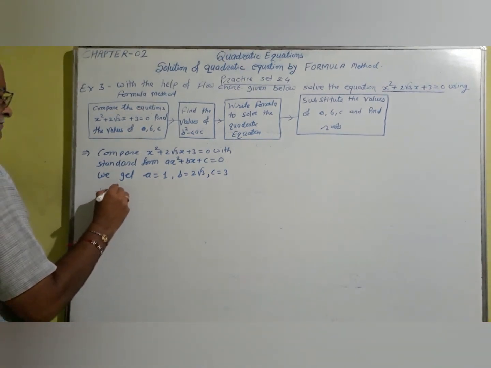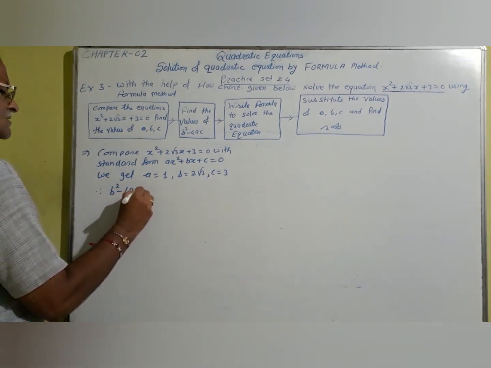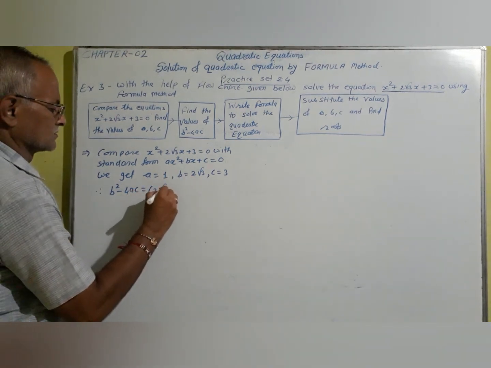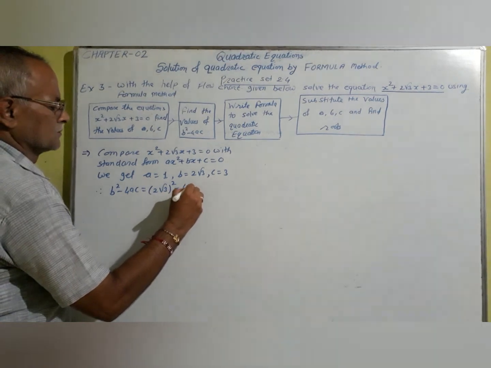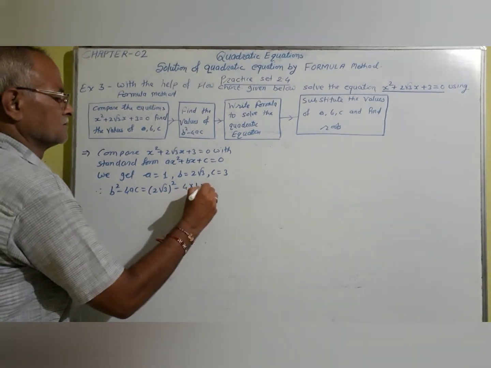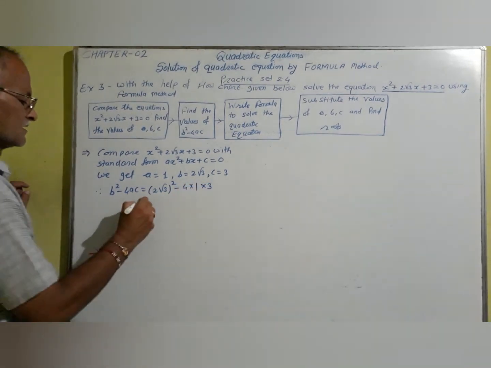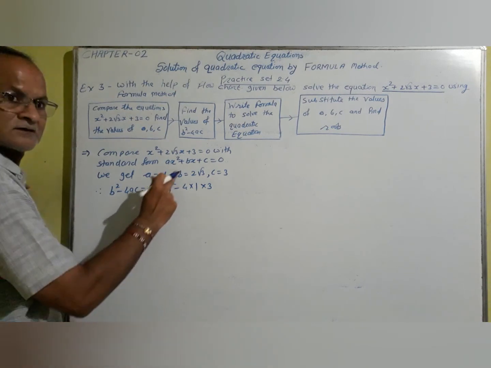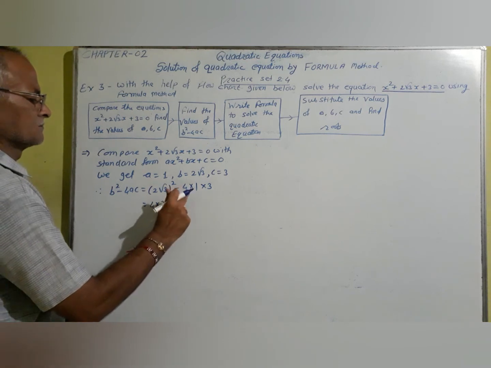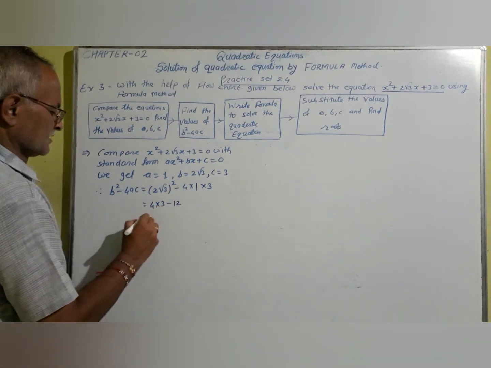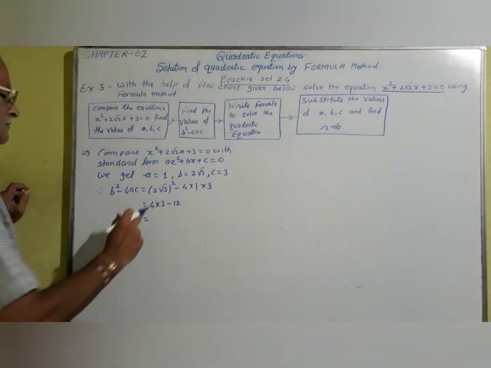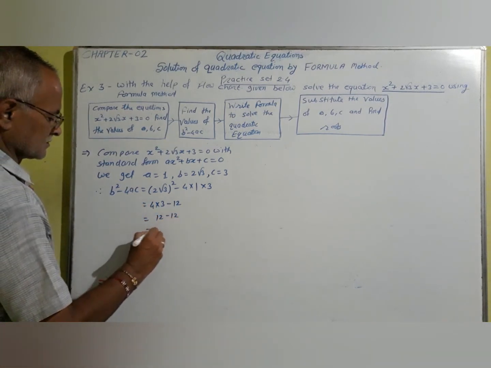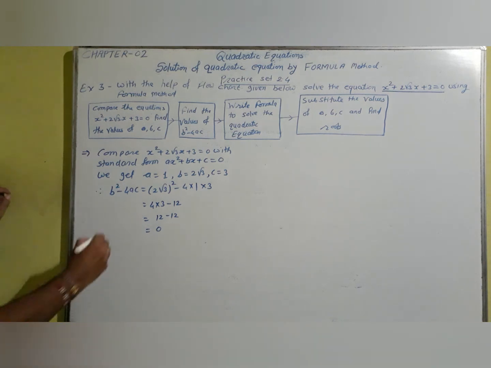Therefore, b square minus 4ac is equal to b square means 2 square root 3 square, minus 4 multiplied by a multiplied by c means 3. The square is 2 square means 4 multiplied by square root 3 square means 3, minus 4 3s are 12. That is equal to 12 minus 12, that is equal to 0.